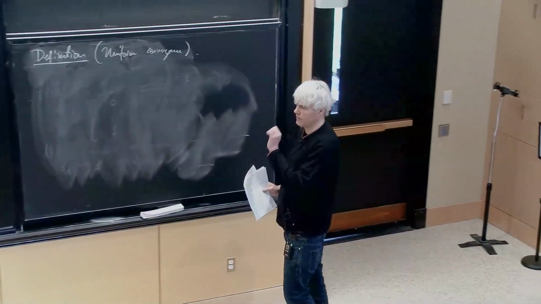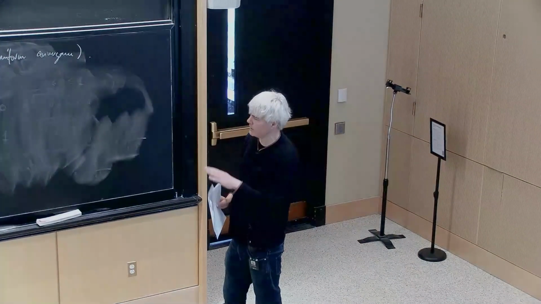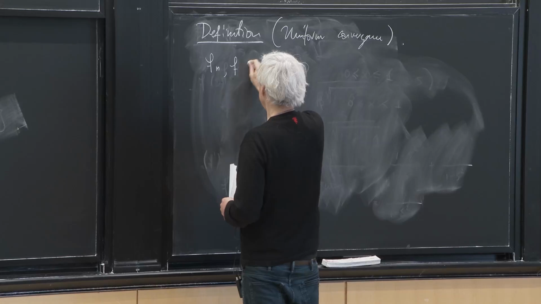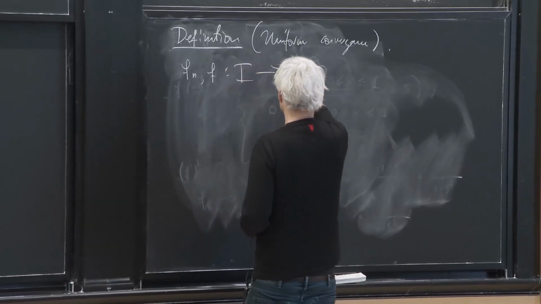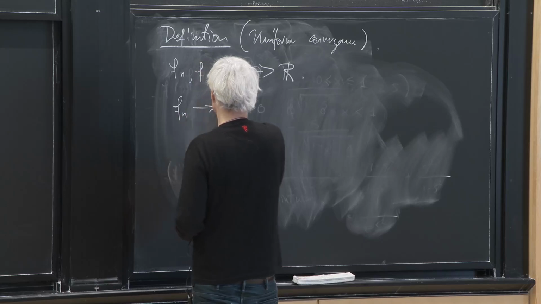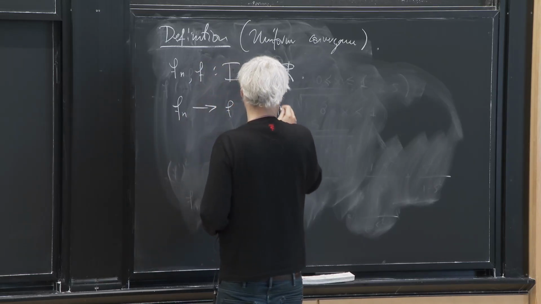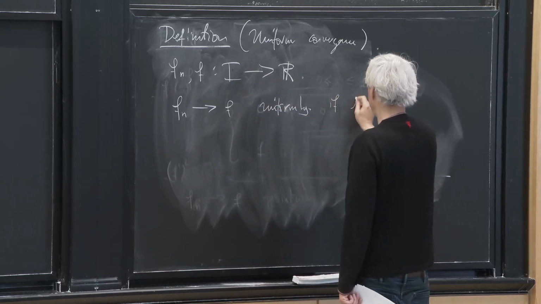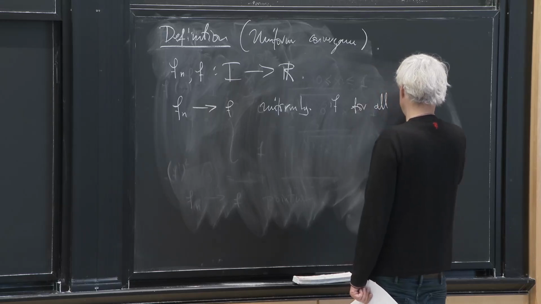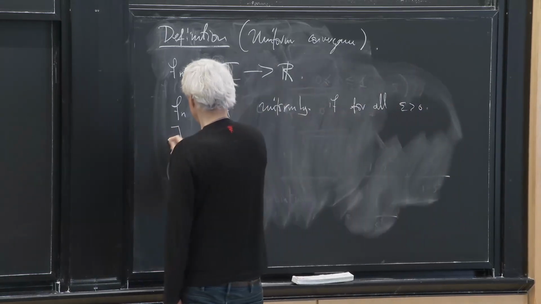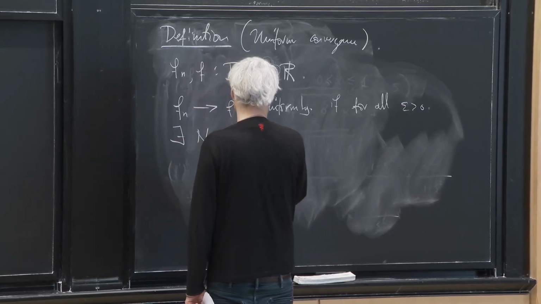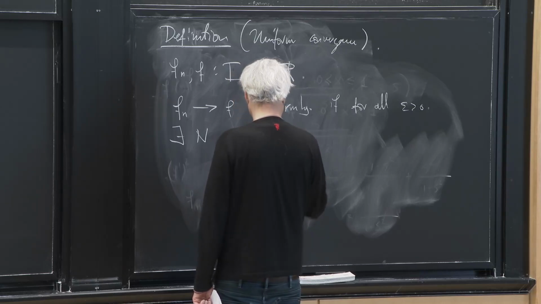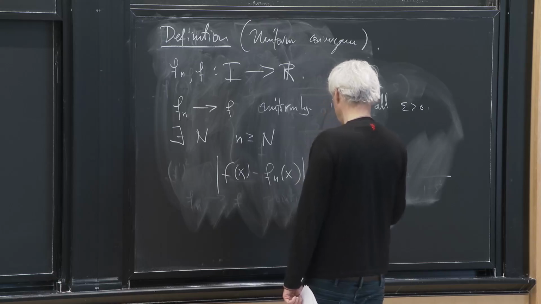Uniform means that it's uniform in x. So what we have here is a sequence of functions fn and an f defined on some interval into R. And then we say that this sequence converges to f uniformly if for all epsilon greater than 0, there exists a capital N, so that if little n is bigger than this capital N, then the absolute value of f of x minus fn of x is smaller than epsilon for all x.